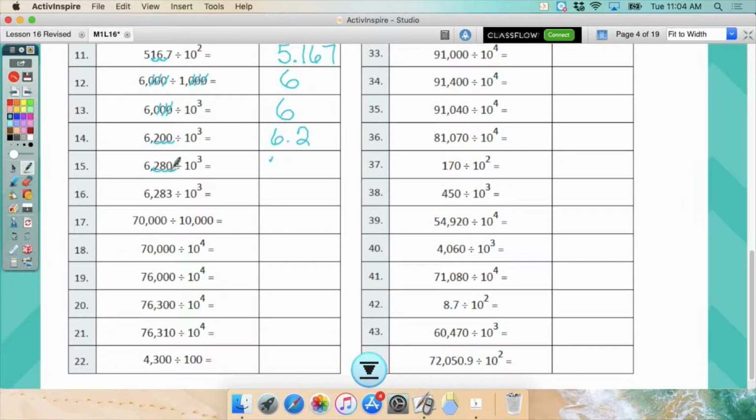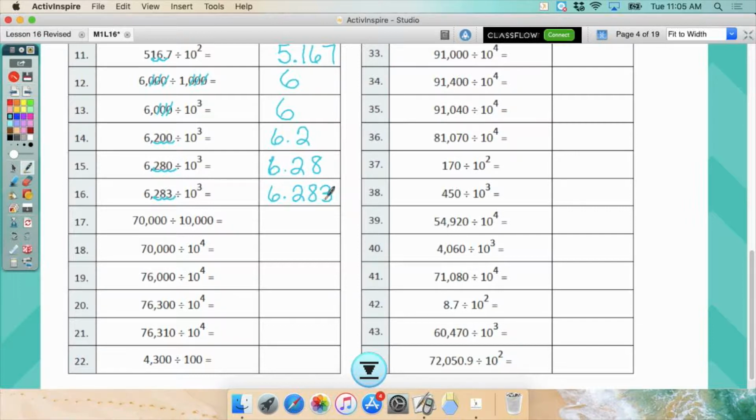The next one, hop it 3 times, 6.228. And then if I hop the next one 3 times, 6.283. Okay? So I'm going to give you 4 minutes to do this.